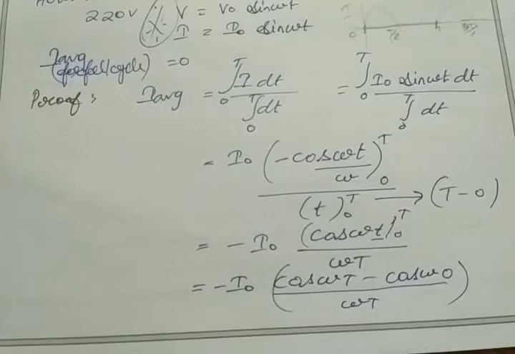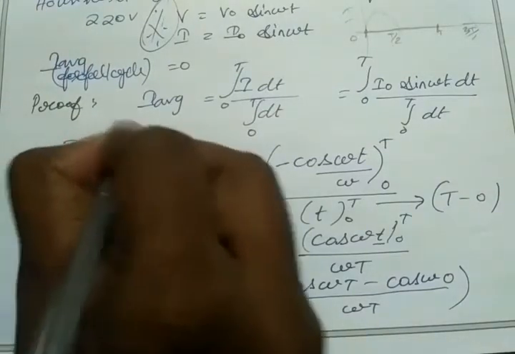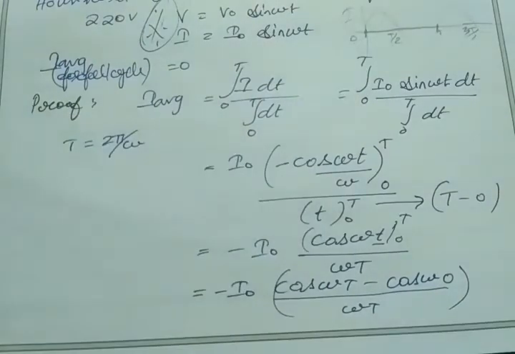For time period we have one equation. For time period for oscillation of waves or time period for circular motion, we usually use that equation for wave equation, which we studied in 11th standard, or oscillation. The equation is T equal to 2 pi by omega, correct?